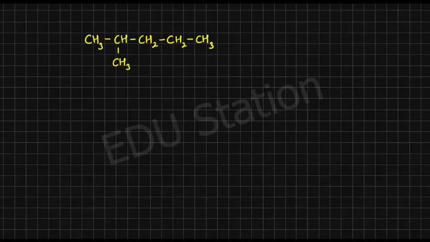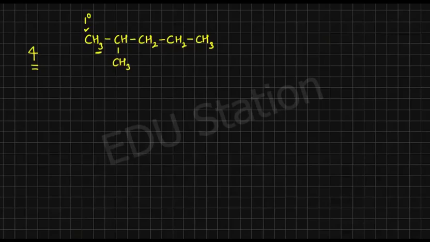Now, this carbon is connected to how many carbons directly? So, as you understand, carbon tends to form 4 bonds. There are 3 hydrogens attached to this carbon. So, it can only be attached to one other carbon. So, this carbon is primary. Primary is written as 1 degree.